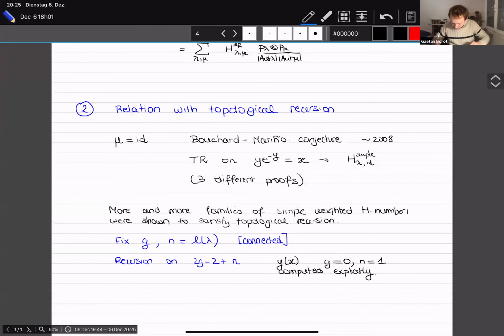And then the question was, can you prove topological recursion? And a lot of people worked on this and managed to prove that in several cases. Each time the method was a bit more technical, so it was a case-by-case thing.